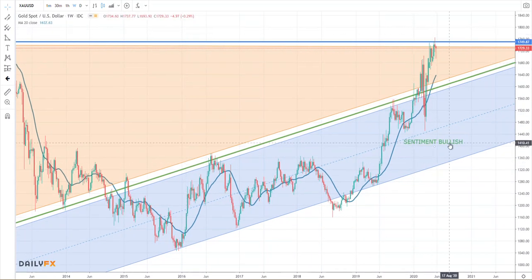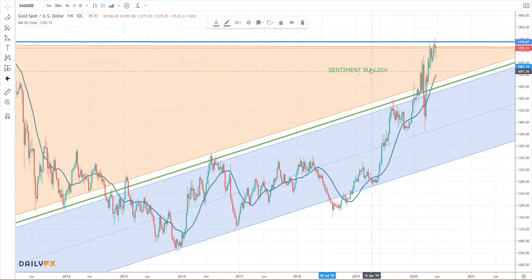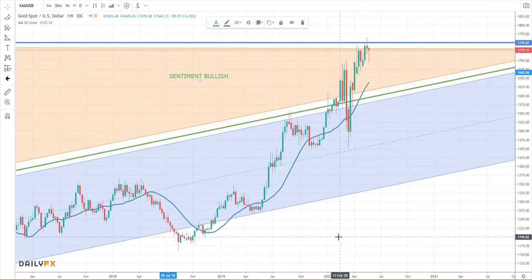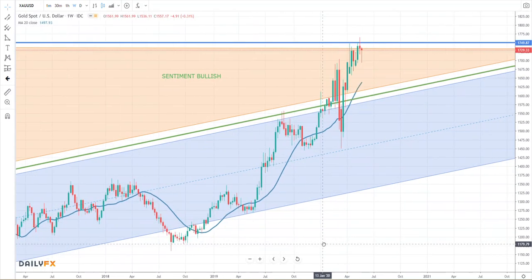So while I do believe my sentiment is bullish, you can see here, I am bullish on gold. I do believe we will see price fall back into this channel, this ascending price wedge, for the summer. However, we are moving pretty far in front of this fast moving average. So it really depends a lot on what happens with the US dollar across all markets this summer.